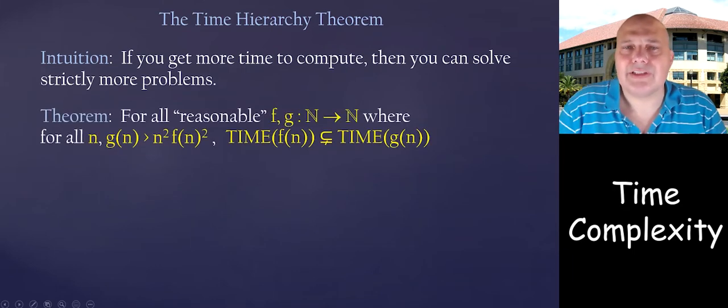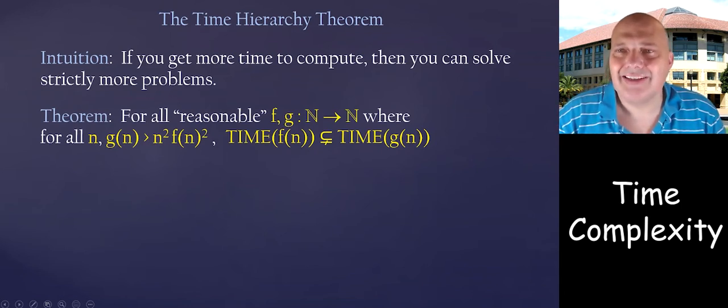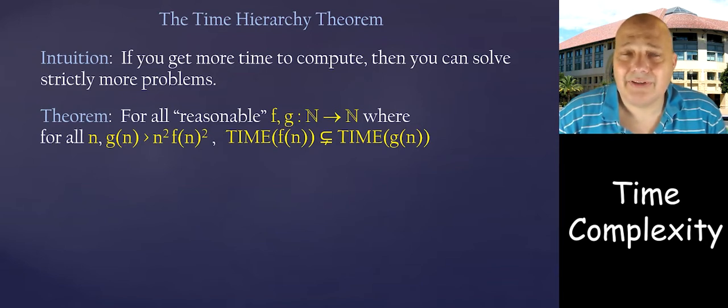So the theorem is that for every reasonable f and g, which are two functions that will be representing to us time complexity, and for all n, if g of n is larger than n squared times f of n squared, then the time f of n is strictly contained in time g of n.